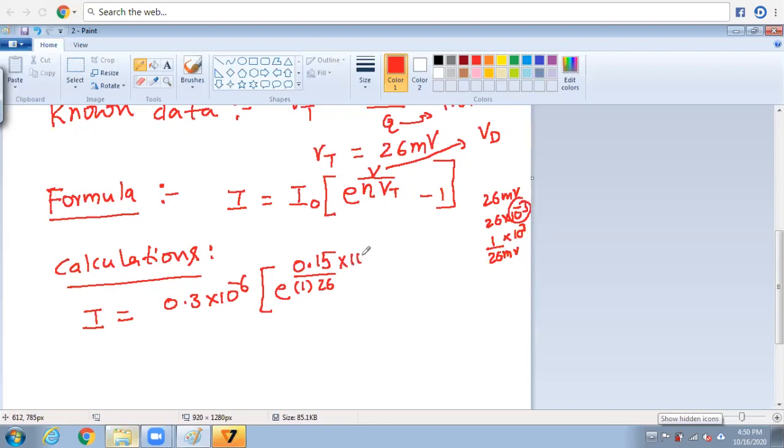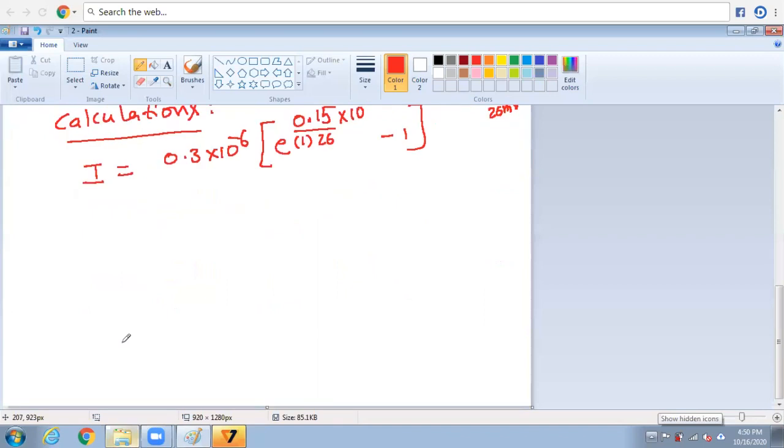Doing some calculation here, very simple: 0.3 into 10 to the power of minus 6, e to the power of 40 into 0.15, this 1 by 26 value, then minus 1.